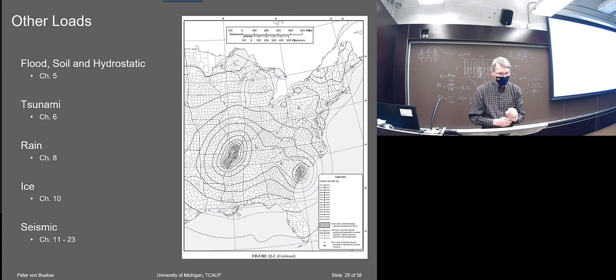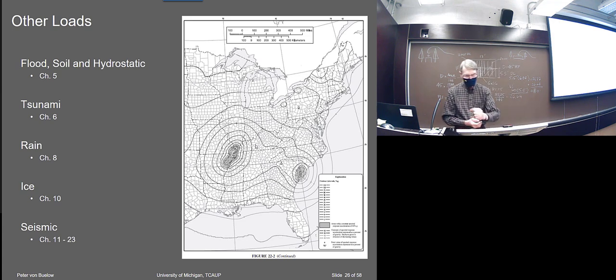Okay, so these are some of the other loads that the code talks about. Flood, which we won't get into. Tsunami is kind of specific. Rain loads are not too common, a heavy load. Ice, potentially, and seismic.